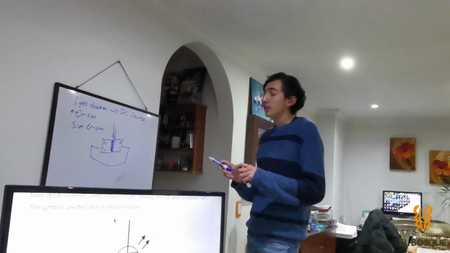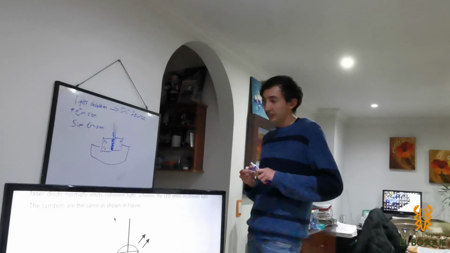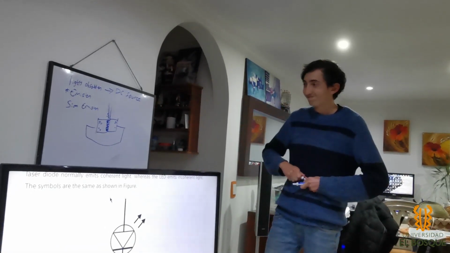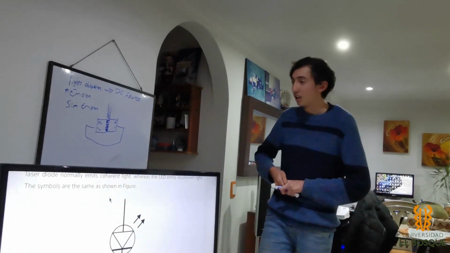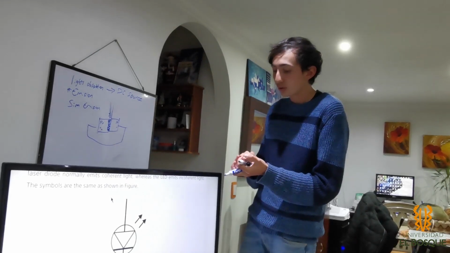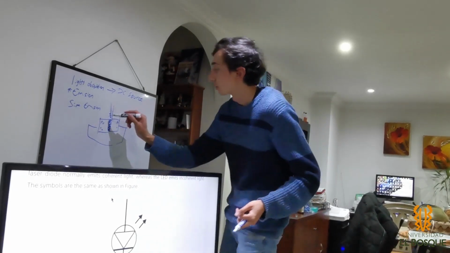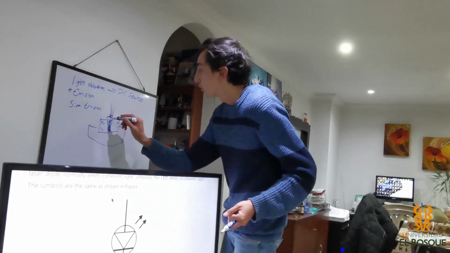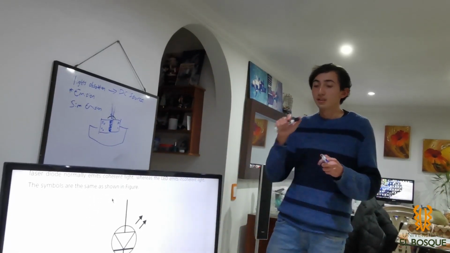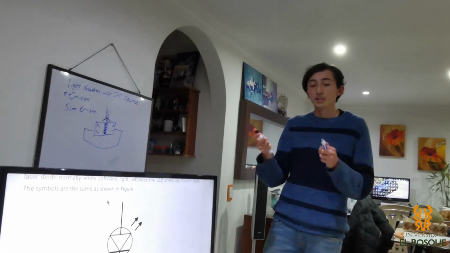To make this laser diode work as we know a laser, we need a length, which is going to be right here, which can let us see a direct light from the laser.